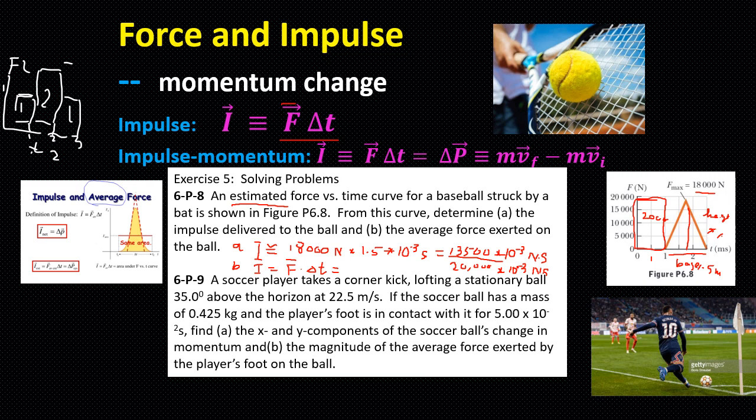So the impulse, you divide the T to the other side. Therefore, the average force, so this is derived, equals the impulse we already know above, divided by the T. Then you do the math. 13500 divided by 1.5, both times 10 to the negative 3.